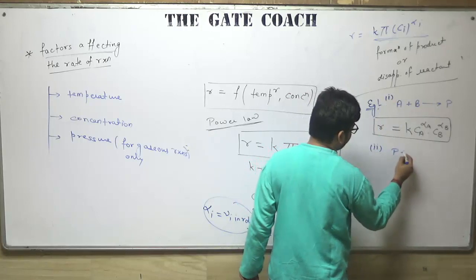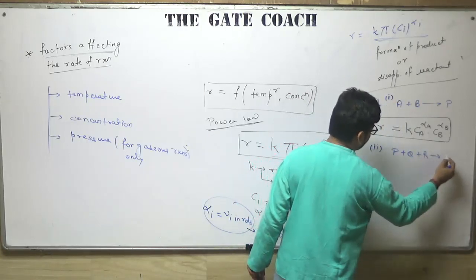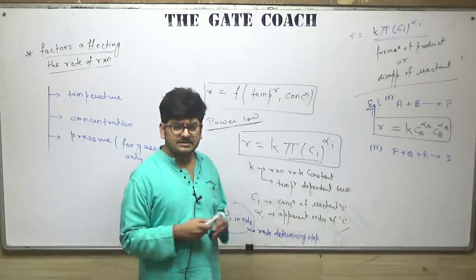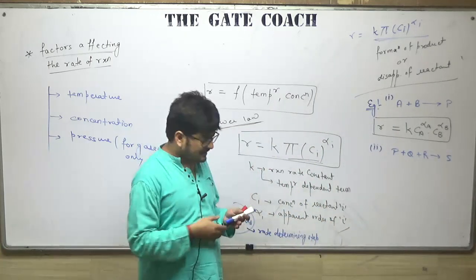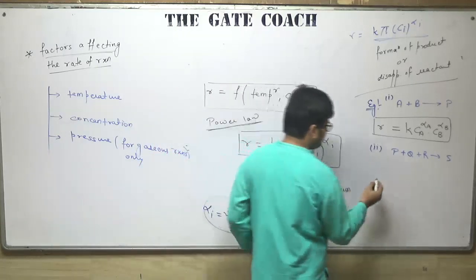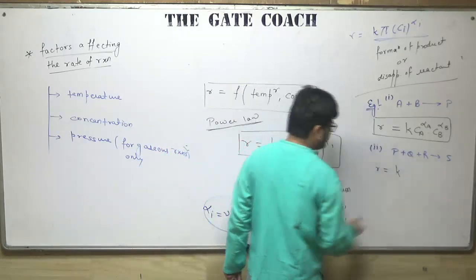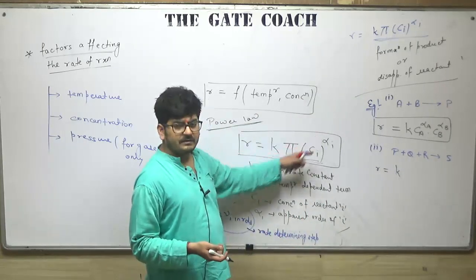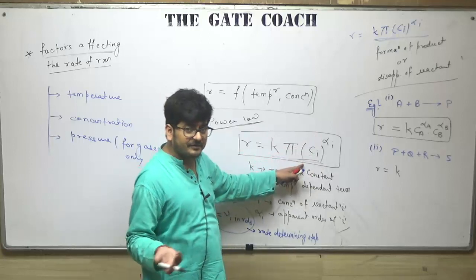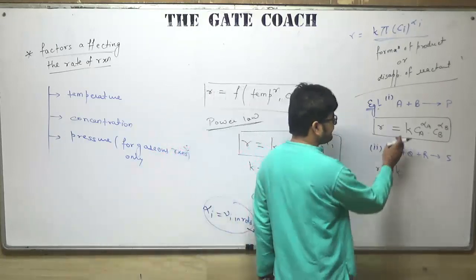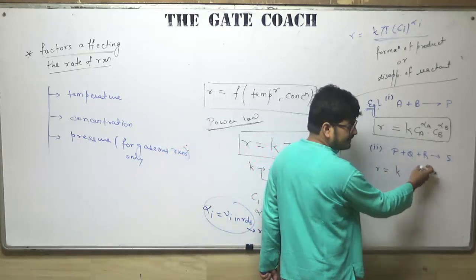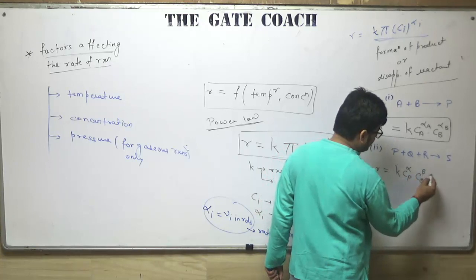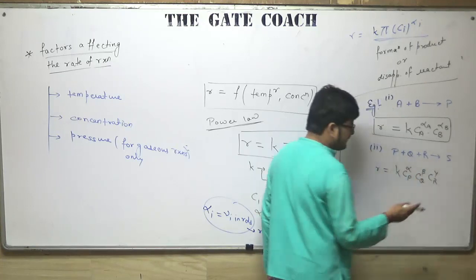Similarly, suppose we have a reaction P plus Q plus R gives S. This is some chemical reaction. So what will be the rate of reaction? From power law, it will be the product summation of Ci to the power alpha i, where Ci is the concentration of reactants. The reactants are P, Q and R. So it will be Cp to the power alpha, Cq to the power beta, Cr to the power gamma.